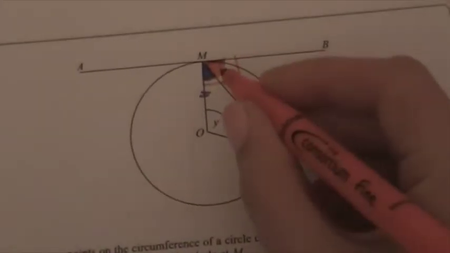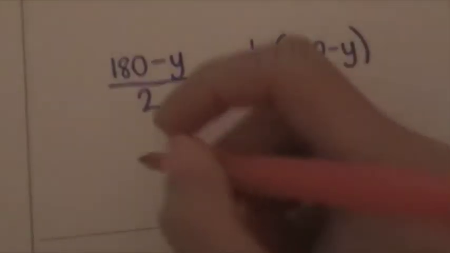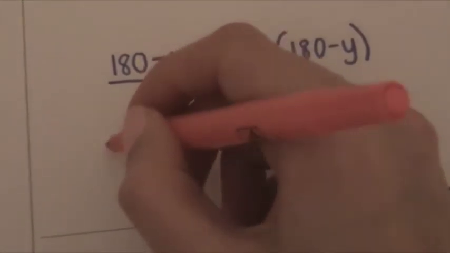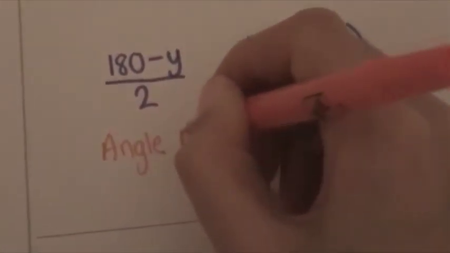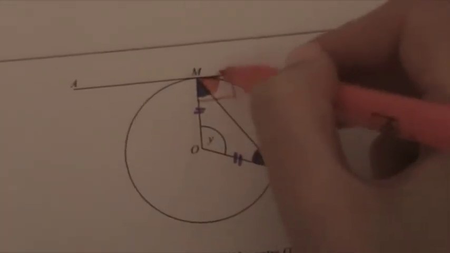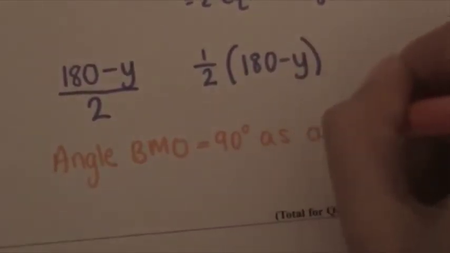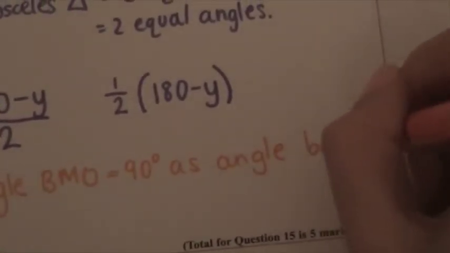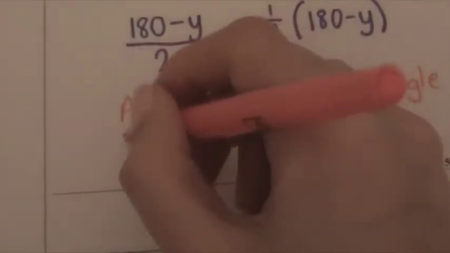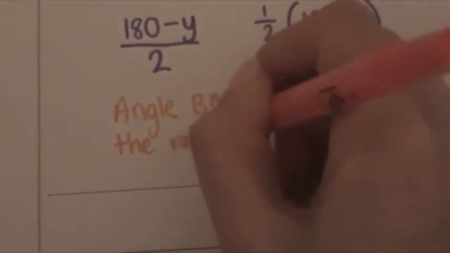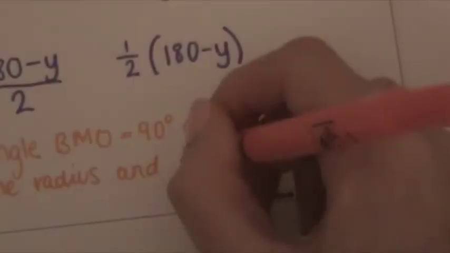So in order to work out this orange one, we would say the angle BMO, so that whole angle BMO, the orange and the blue part, equals 90 degrees, as the angle between the radius and tangent will always equal 90 degrees.